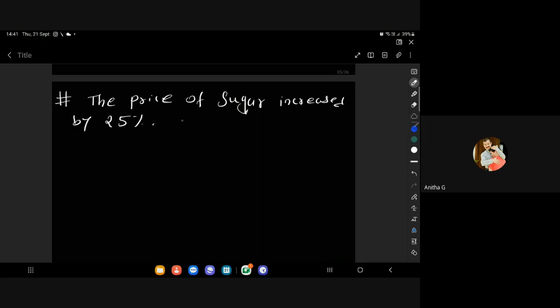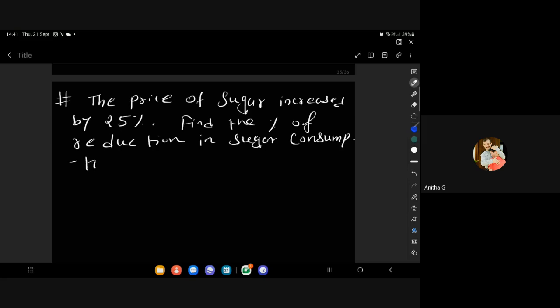You have to find the percentage of reduction in sugar consumption so as not to increase the expenditure.